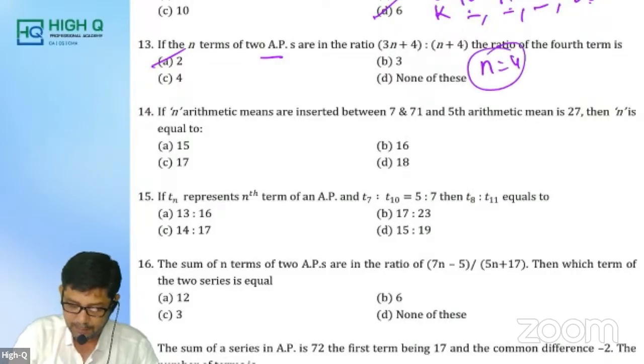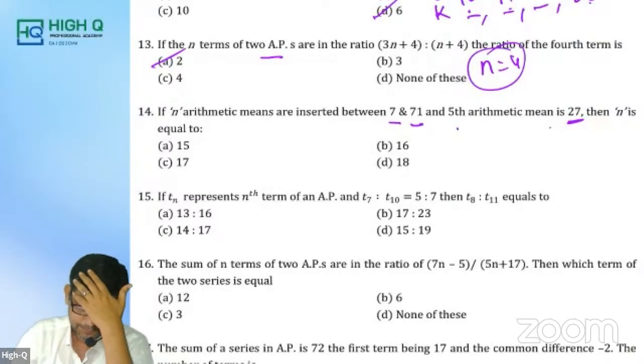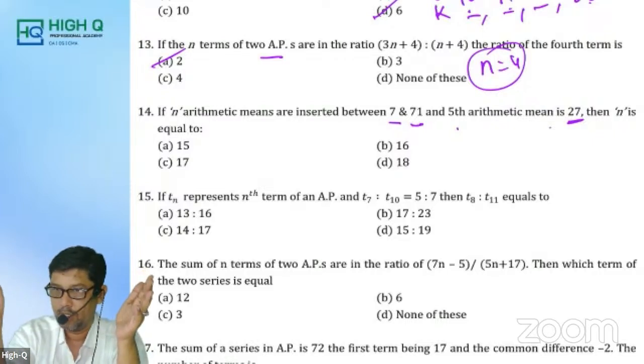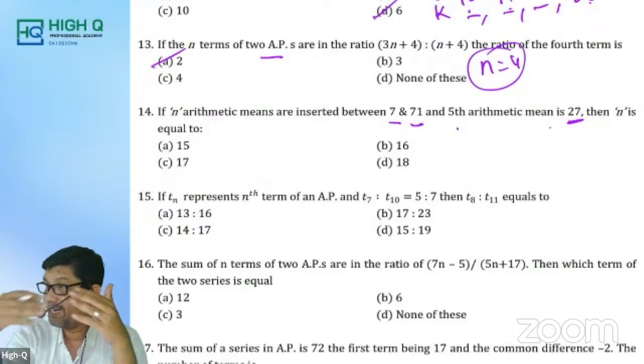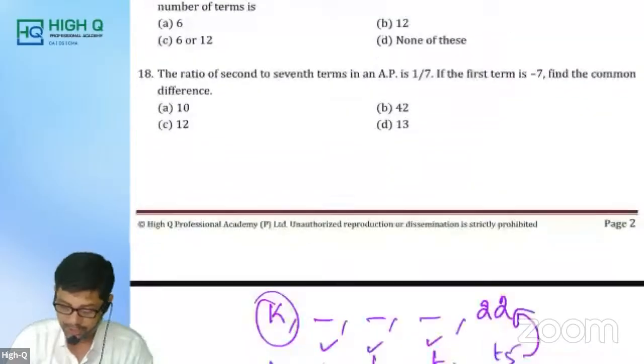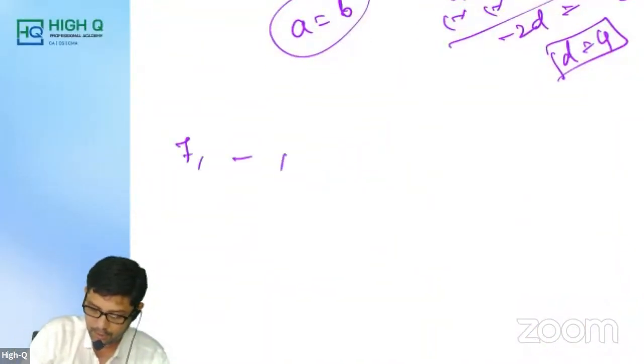If n arithmetic means are inserted between 7 and 71, and the fifth arithmetic mean is 27, can you please find the value of n? In total, how many arithmetic means can be placed? See, for these types of questions, expect the unexpected. 7 and 71. I don't know how many. First, second, third, fourth.